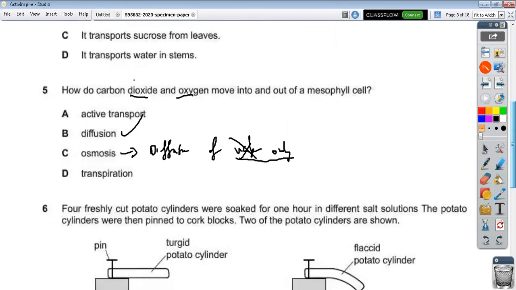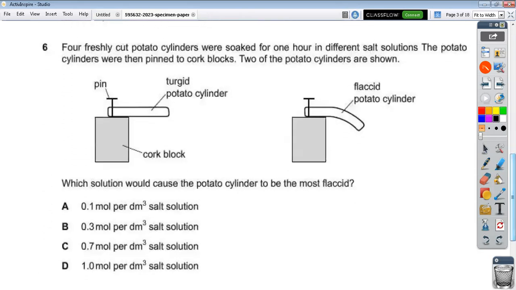So we said, which solution causes the potato cylinder to be most flaccid? What do you think?